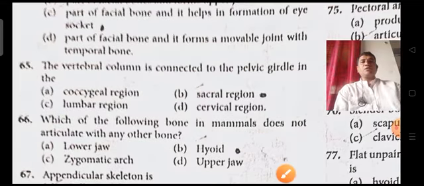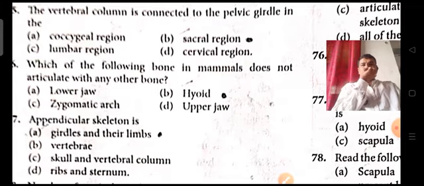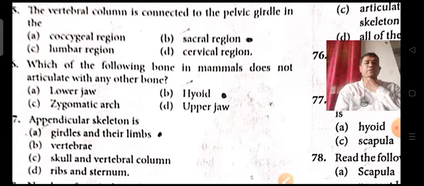Next, coming on to the 66th question: which of the following bones in mammals does not articulate with any other bone or move? So hyoid bone is present in this region. It is also called the tongue bone, and is a single bone that lies in the upper part of the throat region just above the laryngeal region.